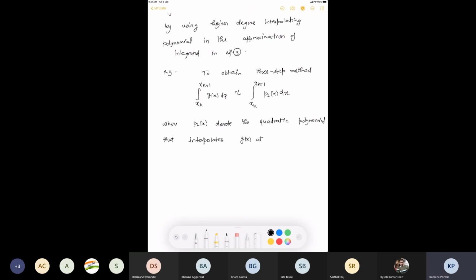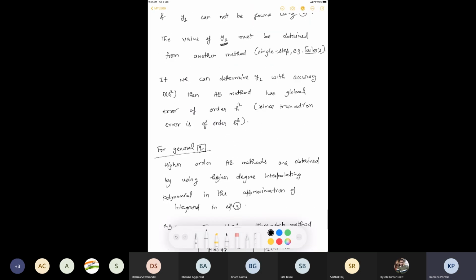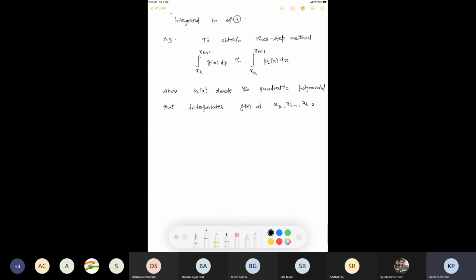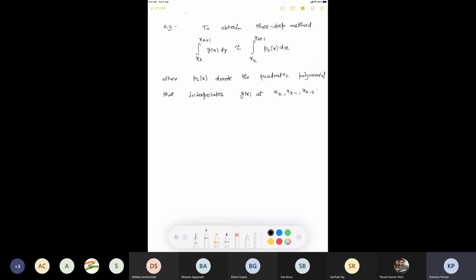So you're going to require the information at xk, xk minus 1, and xk minus 2. But for our purpose, q equal to 1 suffices, just to understand how these methods work. So it suffices to just see the case q equal to 1. All right.